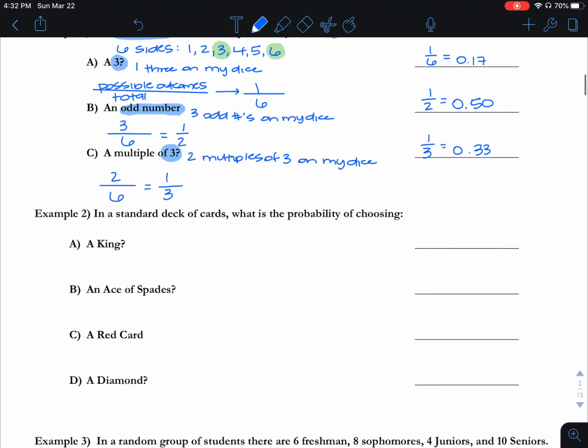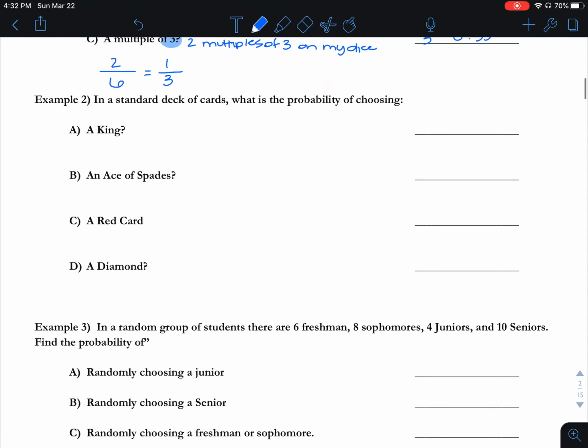All right, let's move on. Let's talk about example 2. In a standard deck of cards, what is the probability of choosing a king, an ace of spades, a red card, or a diamond? Okay, so standard deck of cards. Well, if I go back to what I looked at earlier, how many total cards do I have in a deck of cards?